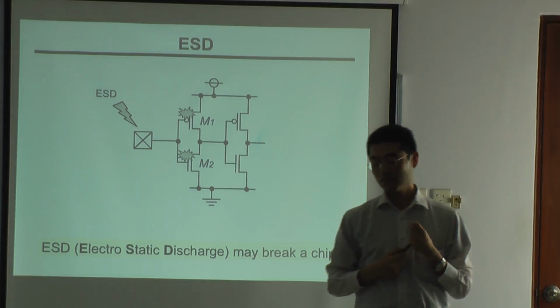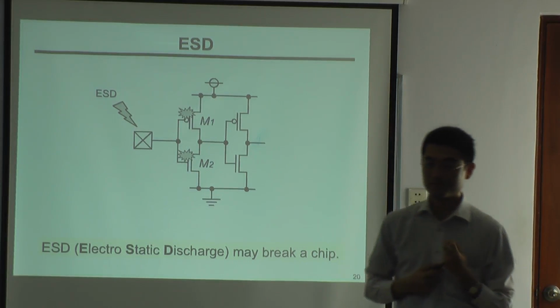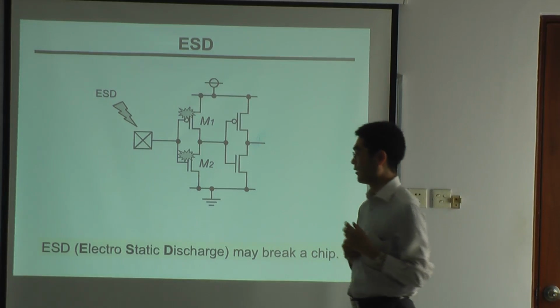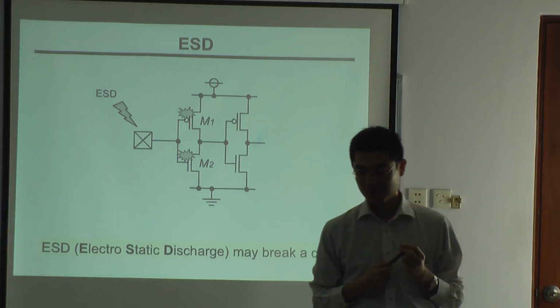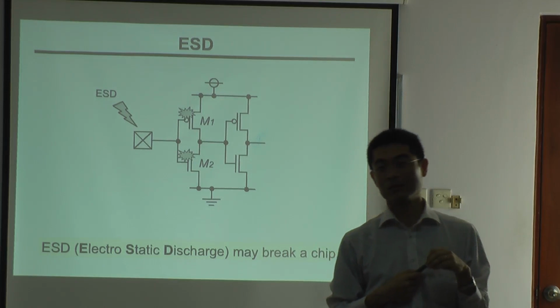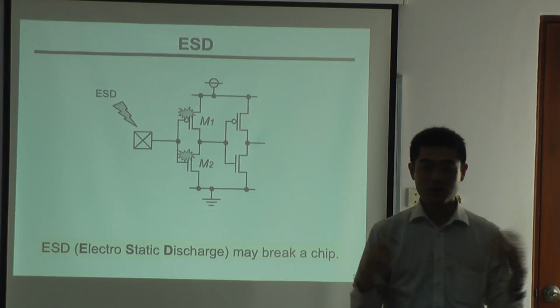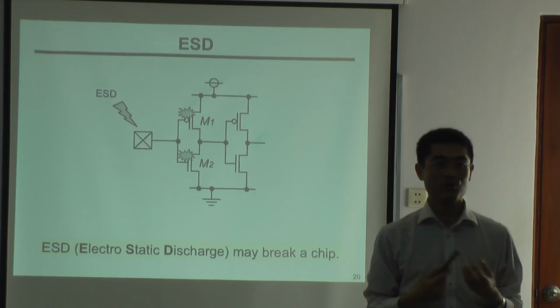And another topic is ESD. I'm not sure if this happens in Vietnam, but in Japan we have a very cold winter. So we wear sweaters, and in winter it is very dry.